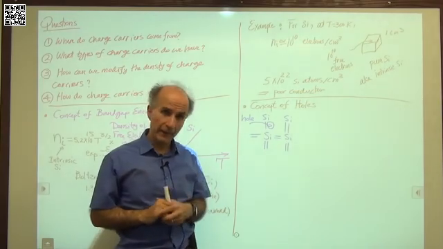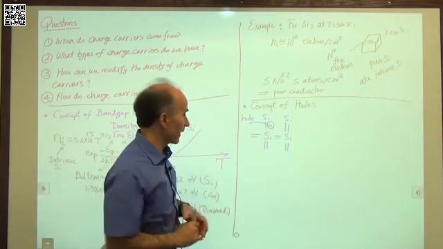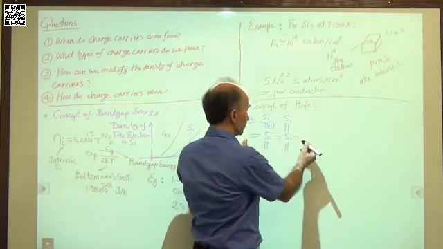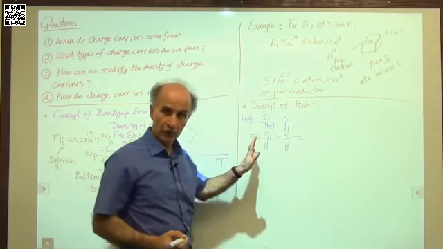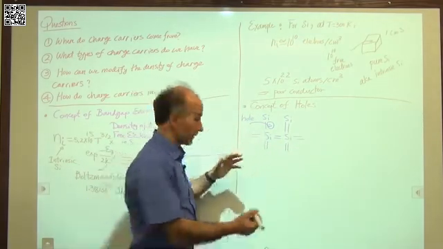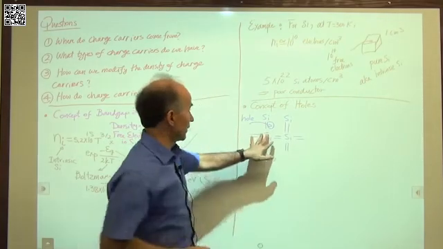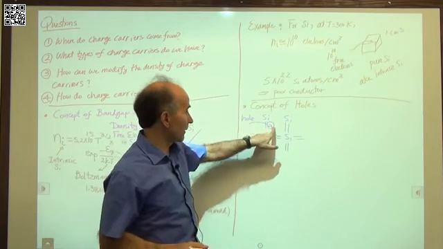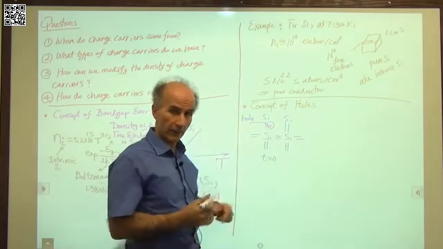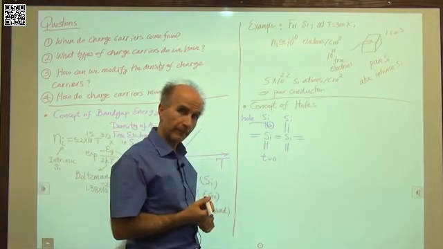Okay, but something interesting happens. So let's say that I have this piece of silicon, and I take a snapshot. I take a picture of it at time 0. And I see the situation. An electron has just come out of this, and a hole has appeared. Okay? All right.